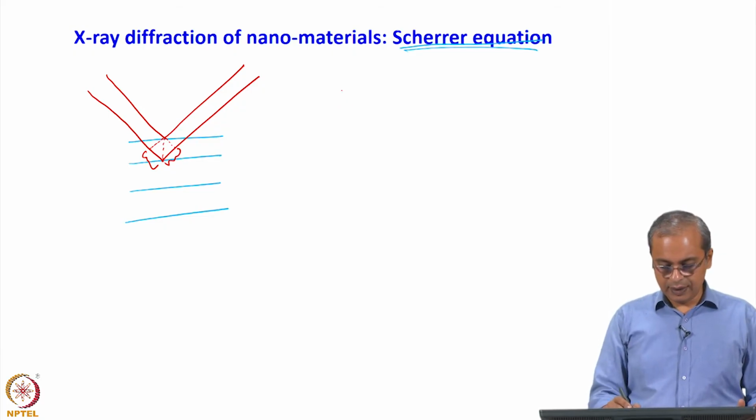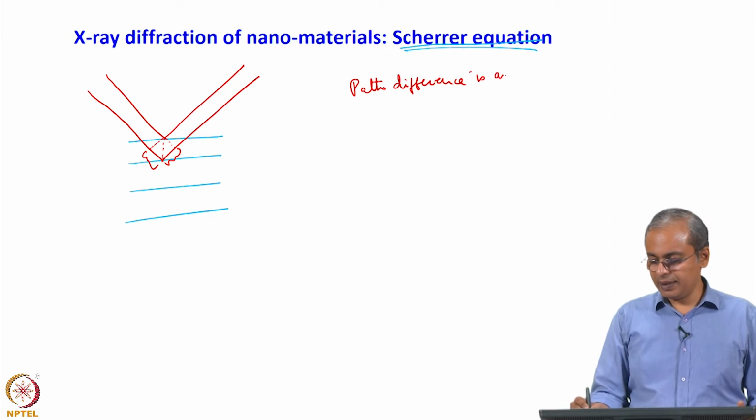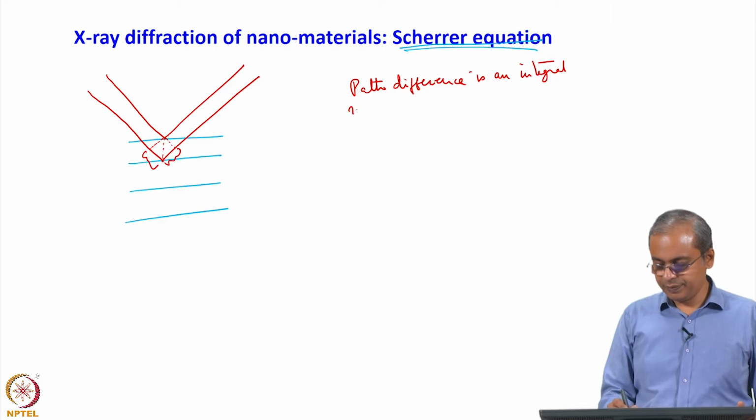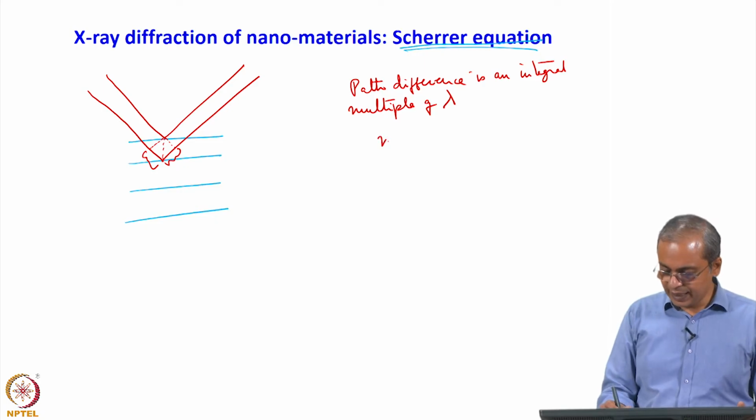So the path difference is an integral multiple of lambda, which means it is some integer n times lambda.